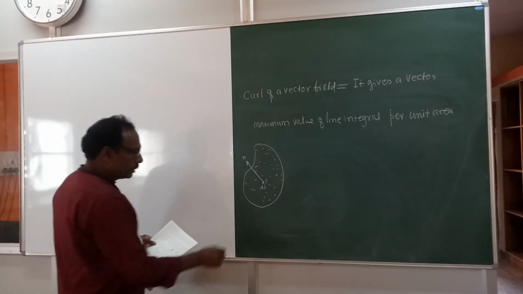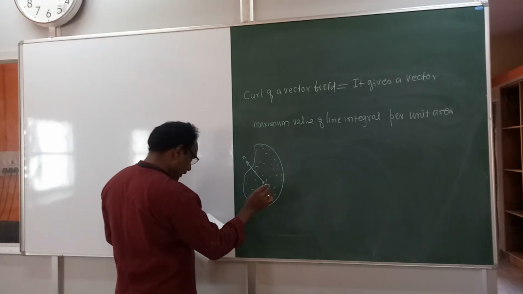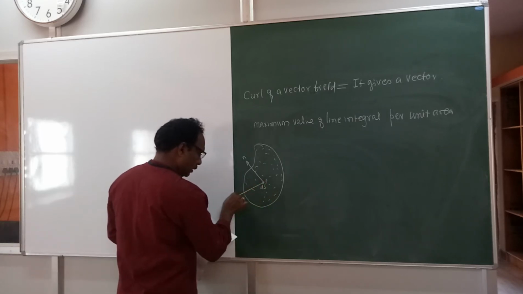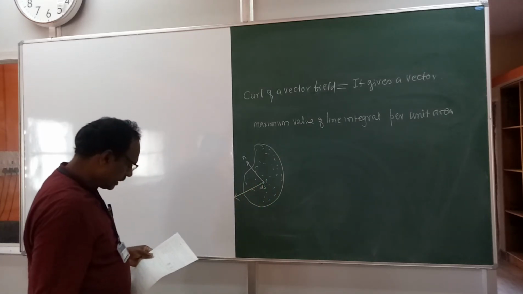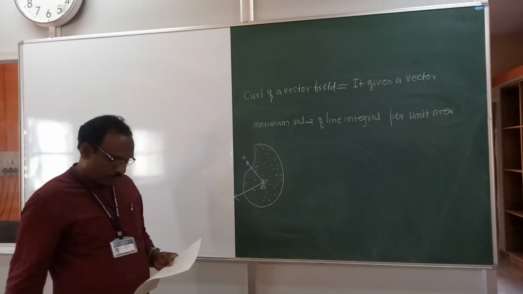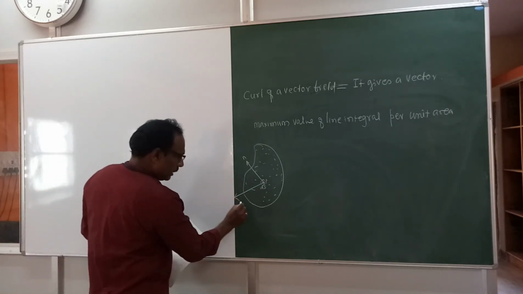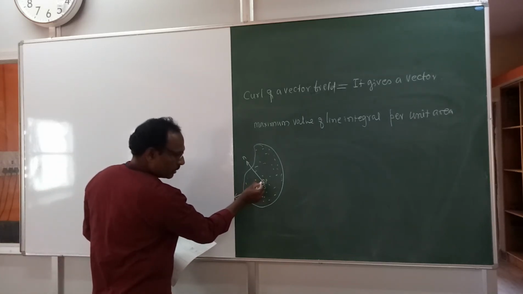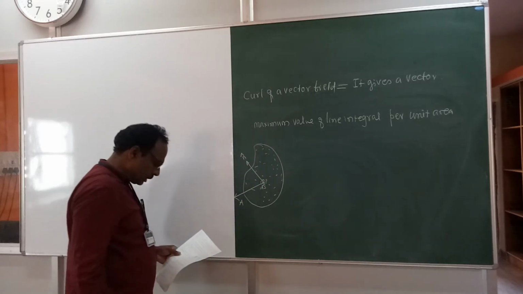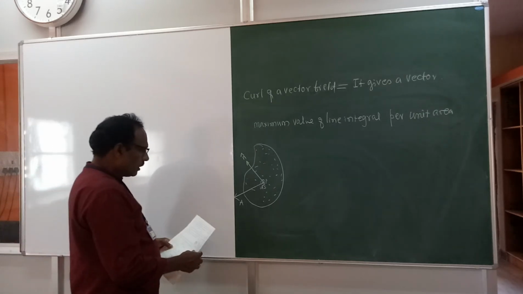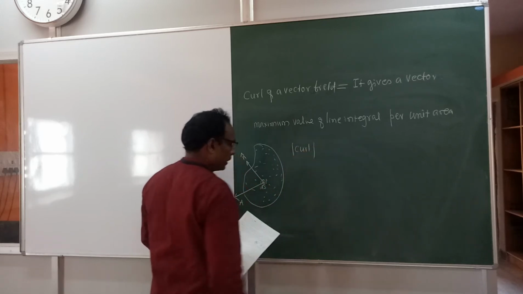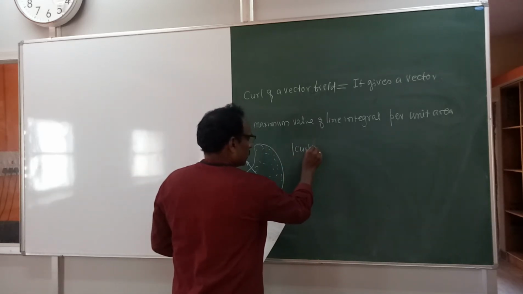If I draw at this point some vector, say A, let me draw this vector A. Around this is an elementary area as we have done. So A is any vector and ds is an infinitesimally small surface area vector with n a normal here. So curl of a vector A, let me write its magnitude.